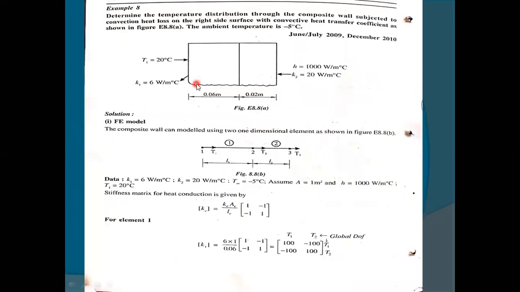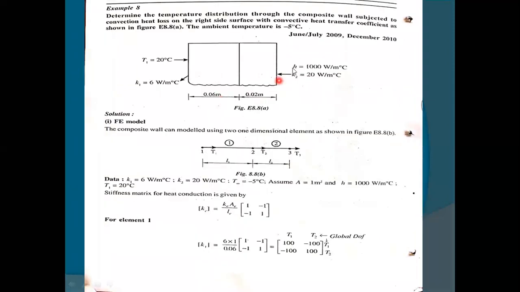Next, in the same way, we calculate the stiffness matrix for convection. In this problem, at this end the wall is subjected to the surrounding temperature, and H is given as 1000. Therefore the convection stiffness matrix is AH times [0 0; 0 1]. Since it acts at the last node, we put 1 there.